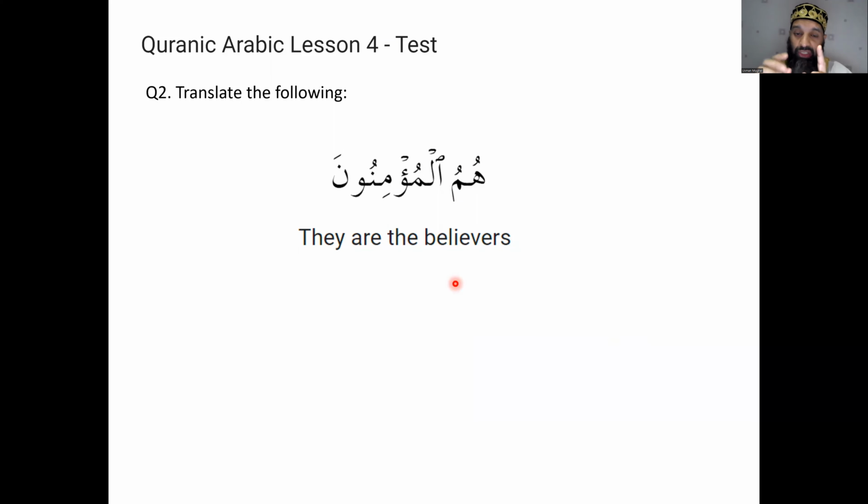Something has to change in order to make it work. So over here, a dhamma comes on the meem. So that is hum. But because there's a lam with a sukoon on it, it becomes humul. So you can join it easily. Humul mu'minuna.